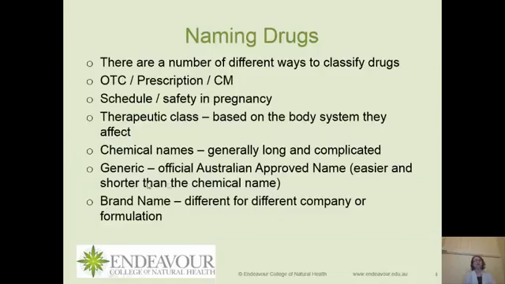It's a shorter name, certainly shorter than its chemical name. But oftentimes that generic name can be confused with a brand name. The brand name is just chosen by the company for that particular formulation that contains that generic substance.